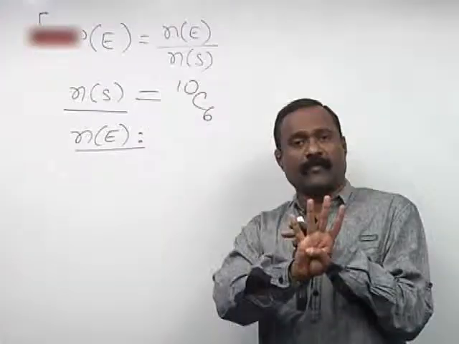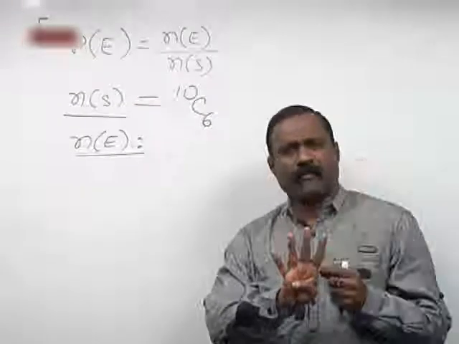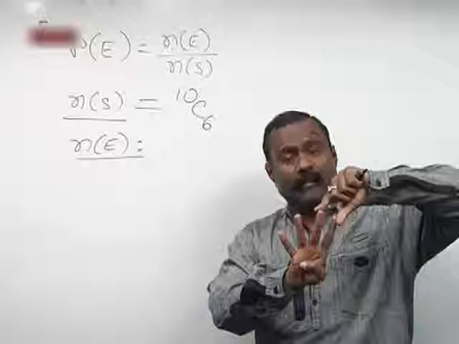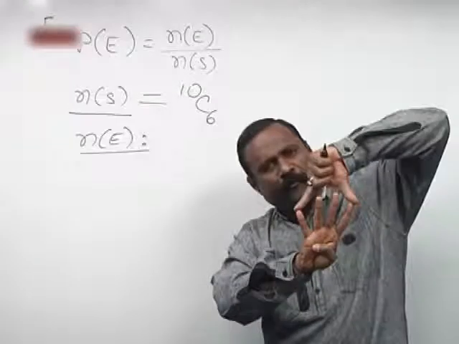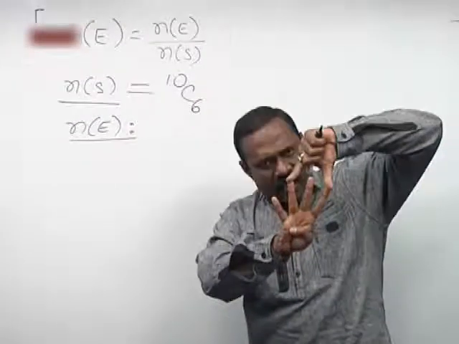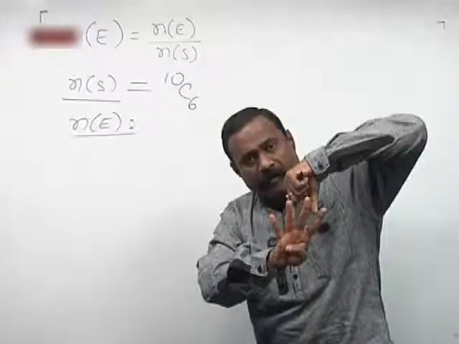So in this one, 6 total articles are chosen from all the 10. And if more than 2 articles are defective, it must be either 3 or 4. That is our favorable case here. If 3 articles are defective or 4 articles are defective, then the entire consignment will be rejected.